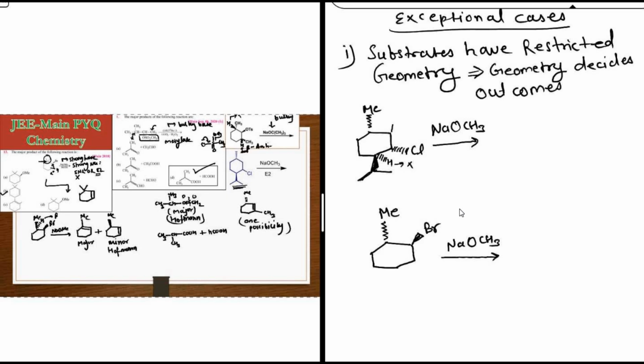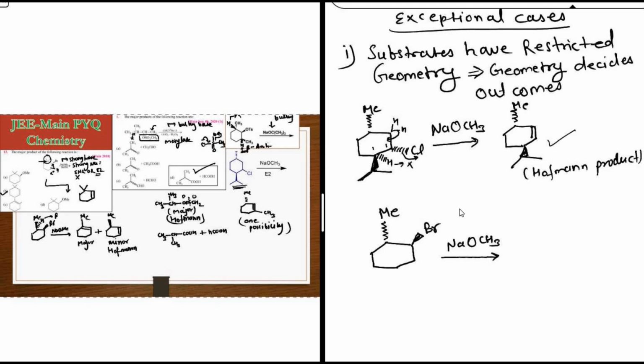But there are two beta hydrogens and we can remove one of them to give this less substituted alkene as the major product. So you can see that this is the Hofmann product.